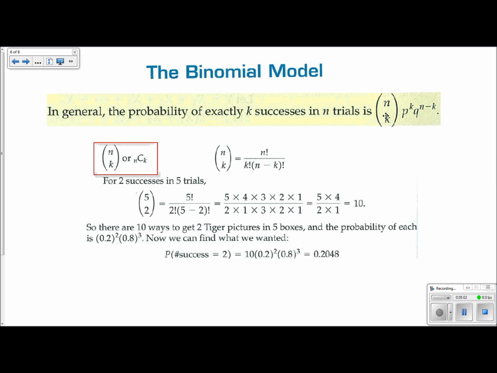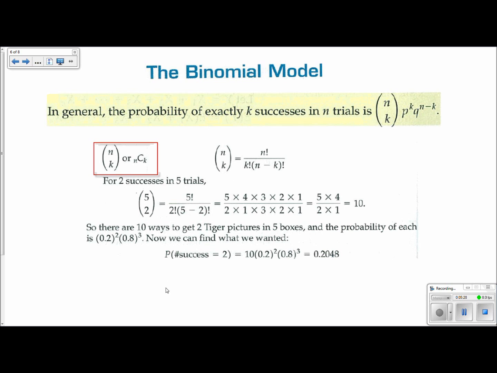There's this notation of n choose k, which you have probably seen as the nCk notation in earlier math classes. As you move on to more college mathematics, you'll see the parenthesis n over k notation used more often than the nCk notation. But that still is the number of ways that we can order k things among n things.